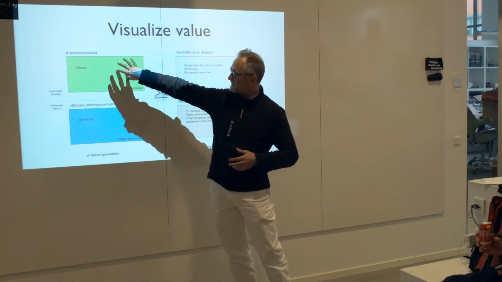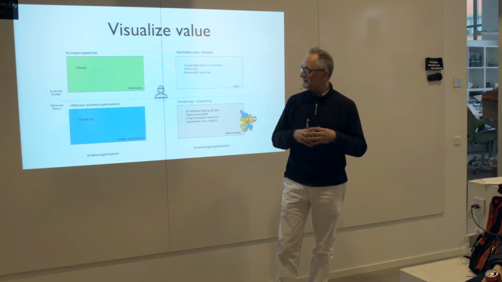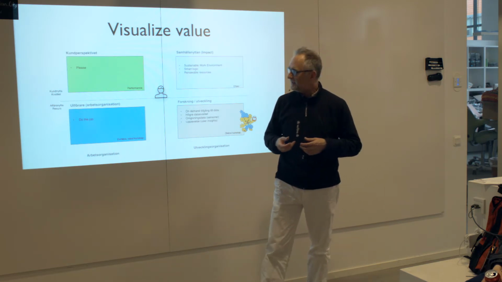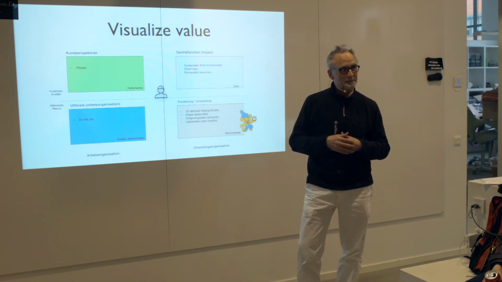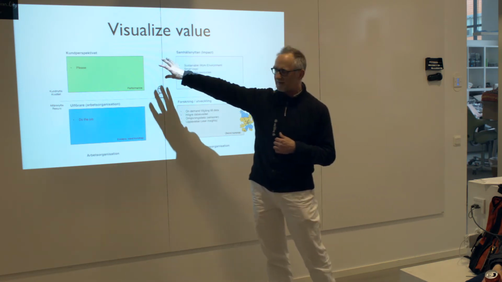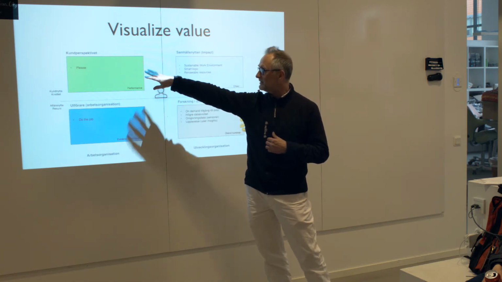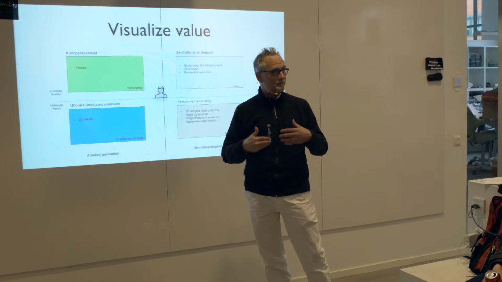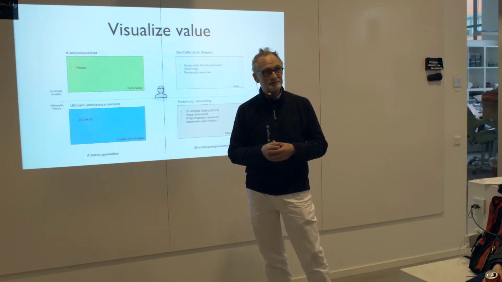The second part, and maybe that's the most interesting part, is the customer perspective. And here is where you create customer value. And maybe that's not what you can sell, but that is what you want to give the customer. And that is what I call to please the customer, to make him happy, to make him want to use your product.